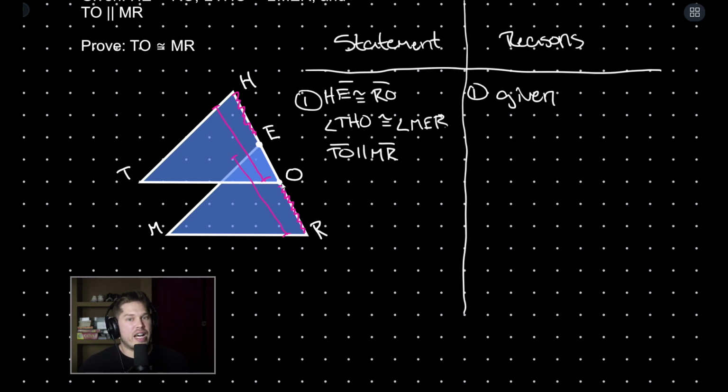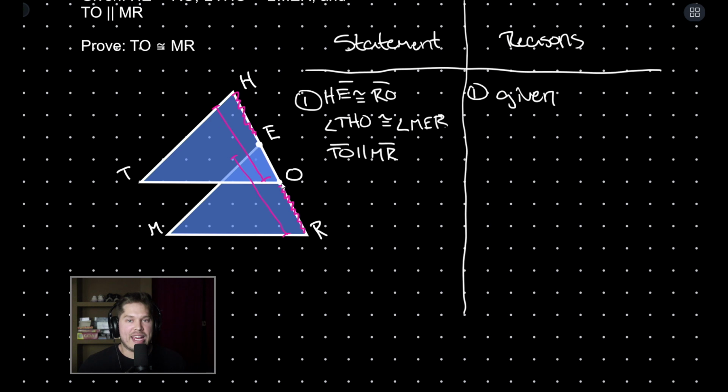Now I just need to think, how am I going to write my proof in order to incorporate that part? Well, I need to add that EO segment to both of my other segments, and then I need to show that they are equivalent. To do this, I'm going to be adding stuff.